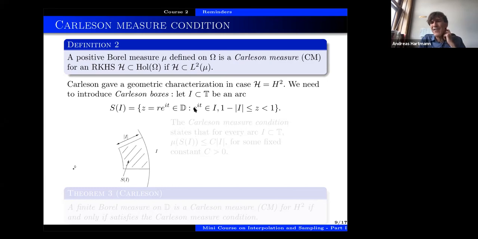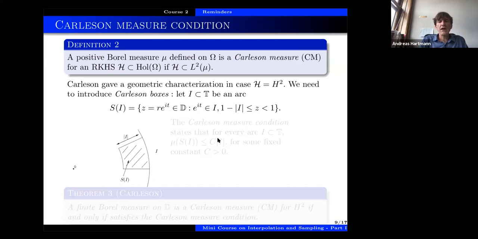And the characterization is given by these Carleson boxes. So if you have an arc on the circle, then you take a kind of square. It's not really a square. It's a part of an annulus, which has width exactly the length of the interval.